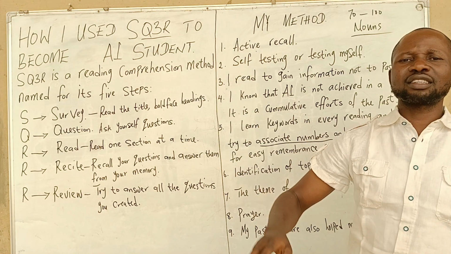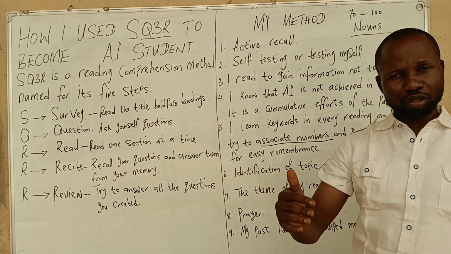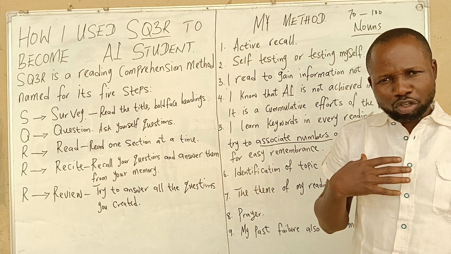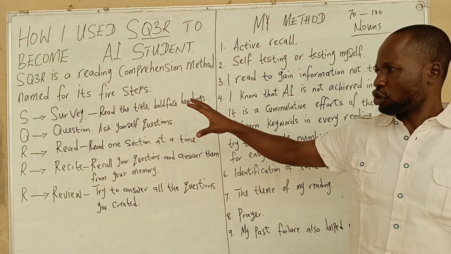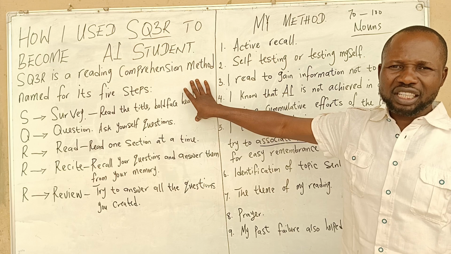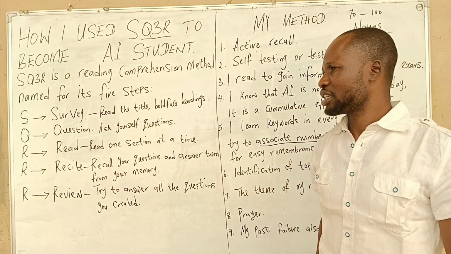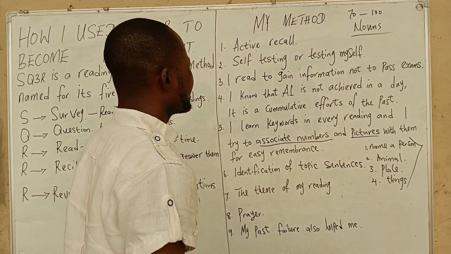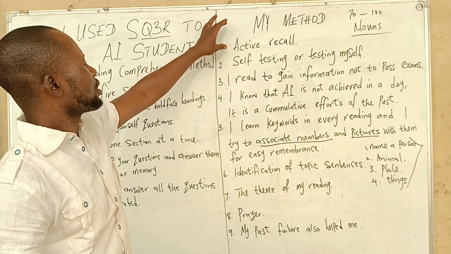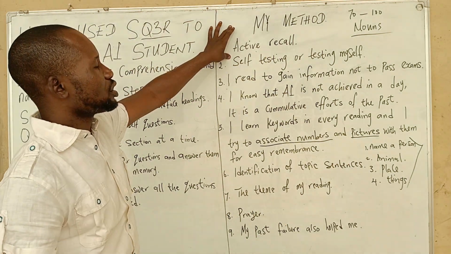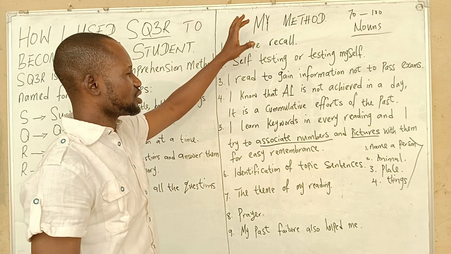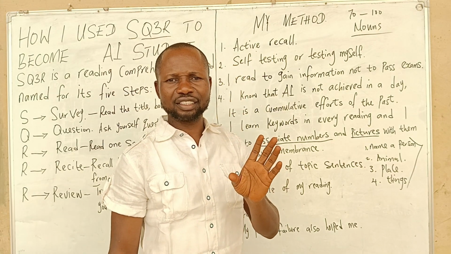Now, the next is let us quickly go to my method that I developed from this SQ3R that helped me to become an A1 student. Before I go to this, just need an understanding.